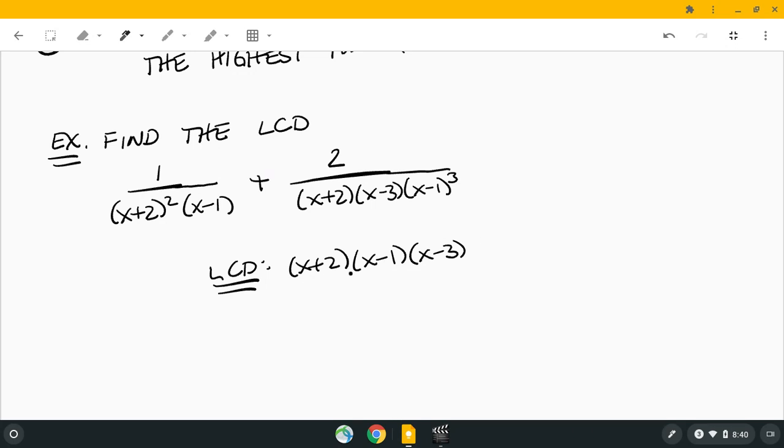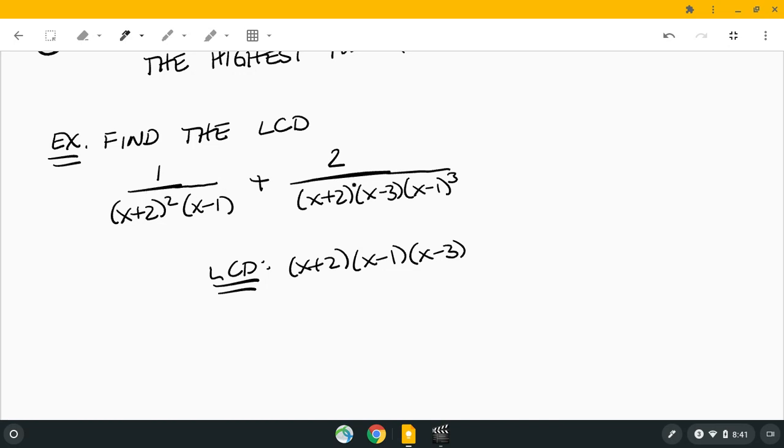once you list all of the families that are going to be there, then you take a look and see if you have any exponents. Okay, and if you do, you're going to use the highest exponent for that family. Okay, so here's an exponent for the x plus 2 family. Okay, and this one, it's understood to be 1, right? So you take the higher of the two. 1 or 2.